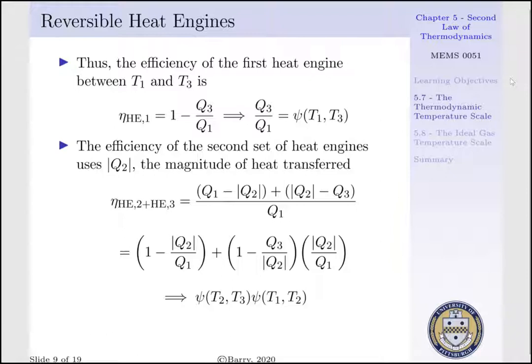We can express this in terms of our functional relation operator. That is, within our first parenthesis, 1 minus Q2 per Q1 will be psi as a function of T1 and T2. In our second term, 1 minus Q3 per Q2 times the quantity Q2 per Q1 yields a functional relation operator that is a function of T2 and T3. We will not include T1 since that's already taken care of for our first quantity.